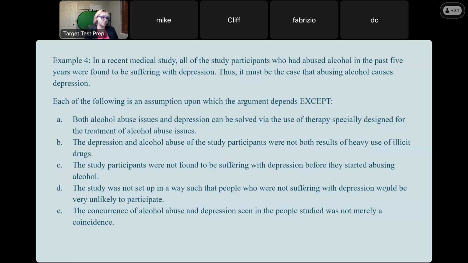So this is an assumption that it relies on because if they did do that, then this isn't the cause. They were just specifically attracting people with depression.